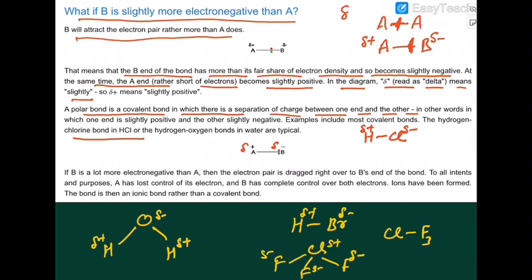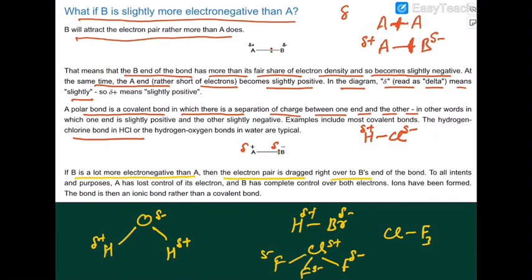So if B is more electronegative than A, then the electron pair is dragged over to B. The atom which is more electronegative, the electron pair will definitely come closer to it. And that closeness of the electron pair towards one of the atoms will impart a polarity in the molecule.